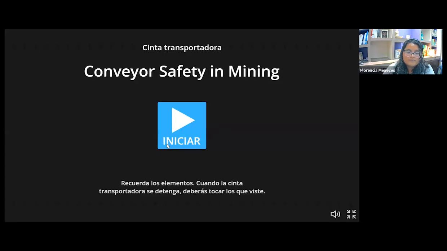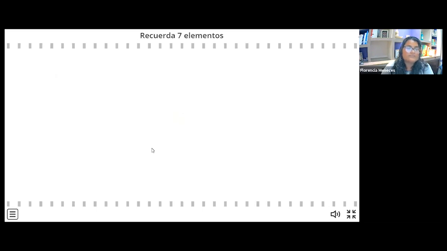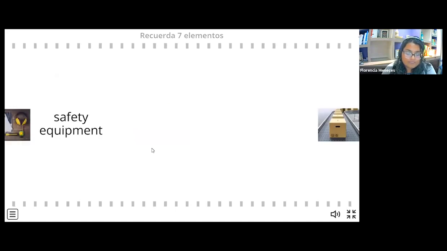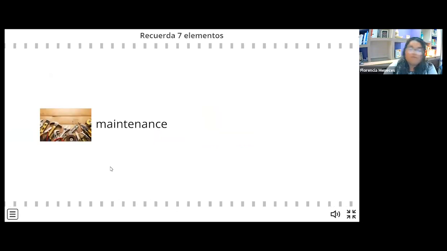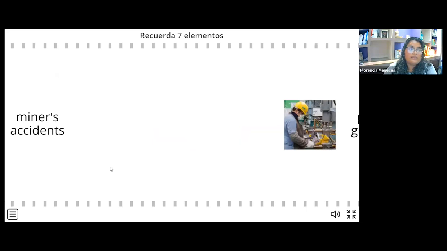So after this, let's wait some minutes. We're going to try to check the vocabulary and try to think if we know about this idea, if you use them at work, if you don't. Maybe if you are at the mining site, you might use them.